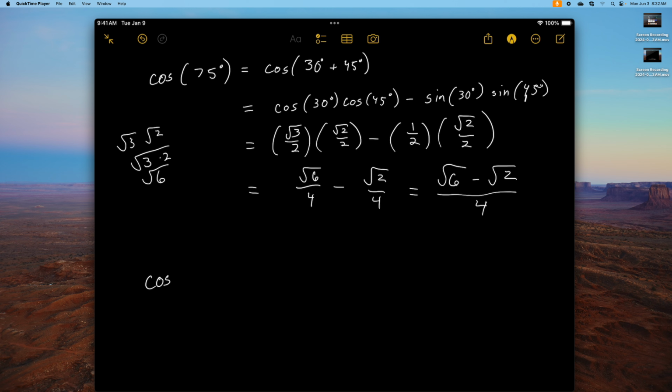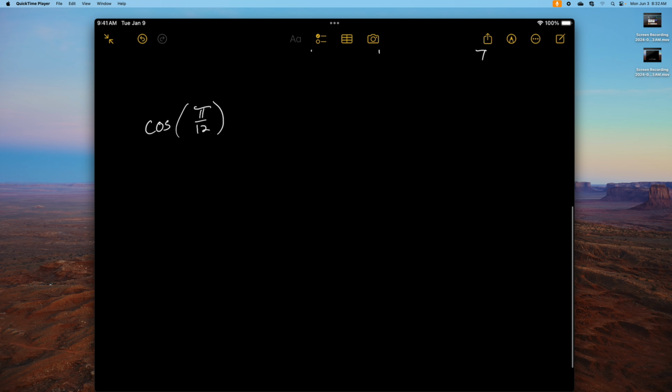Let's say we have cosine of pi over 12. Now, we can actually write pi over 12 as pi over 3 minus pi over 4. Let me explain why. If you did pi over 3 minus pi over 4, you'd need a common denominator because it's fractions. The common denominator would be 12.